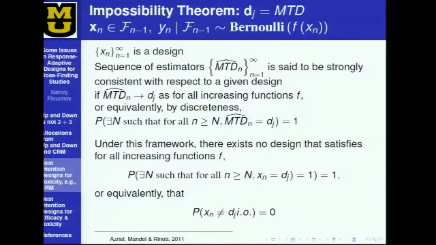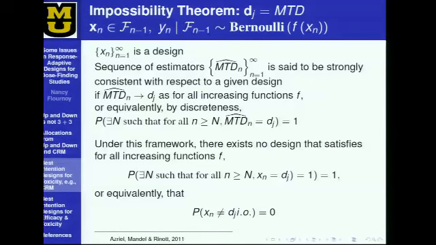So DJ is the MTD, and we have our doses that depend on the past, and we have our response that depends on the past, and it's Bernoulli, and it's some function of the data, and F is an increasing function, any increasing function.